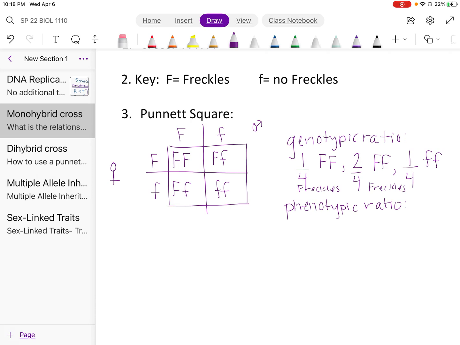So here you're going to have 3 out of 4 offspring that are going to have freckles. And then the last one here is homozygous recessive, so this 1 out of 4 would be no freckles. So that's how you would complete this problem using the Punnett square.